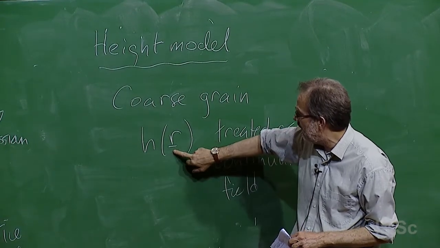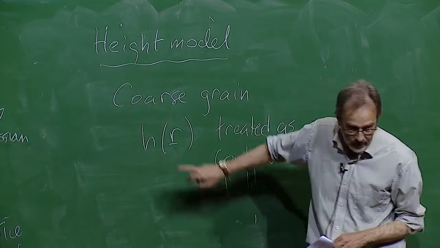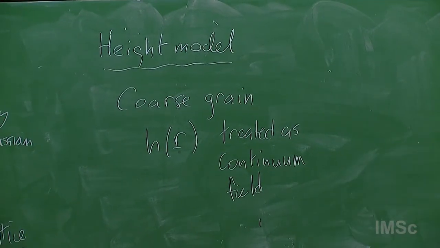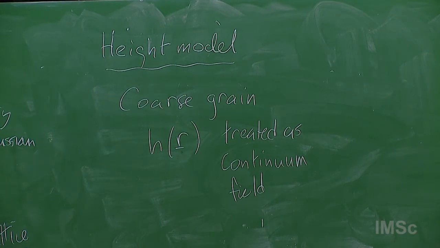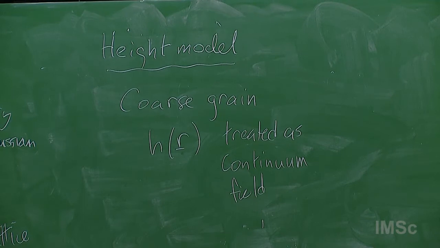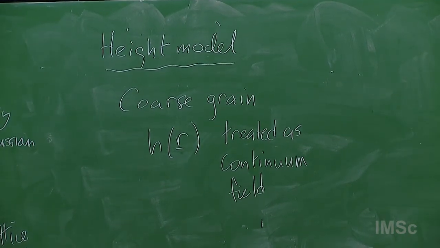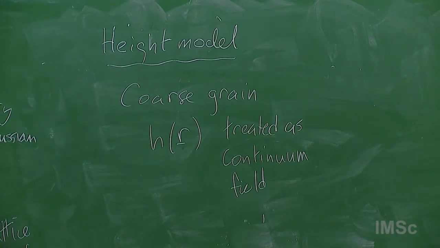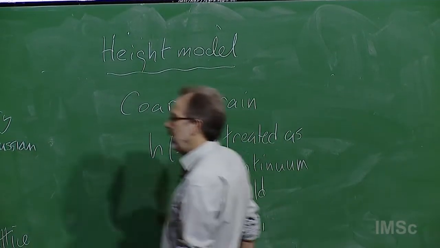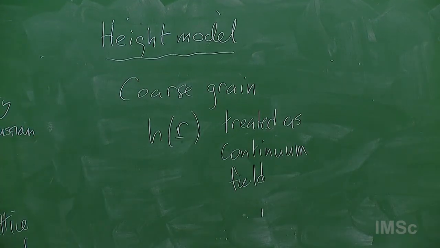So one is I forget that the space label originally lived on a lattice. And then the other thing is that as I define things, the height field took values over integers, and now I'm going to allow it to take values over the real numbers. And the conjecture is then going to be for the statistical distribution of this height field.